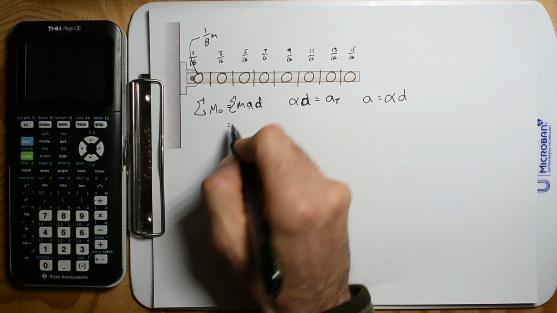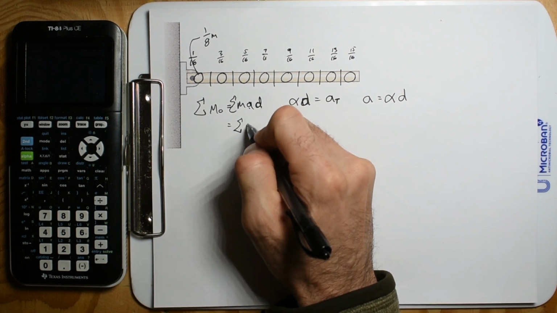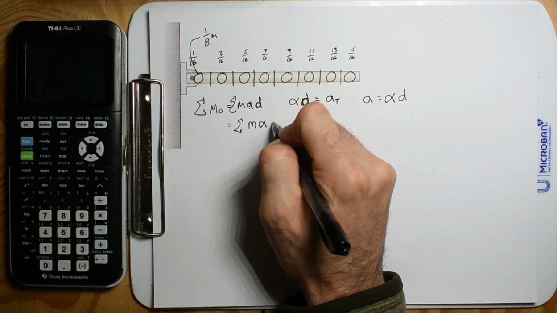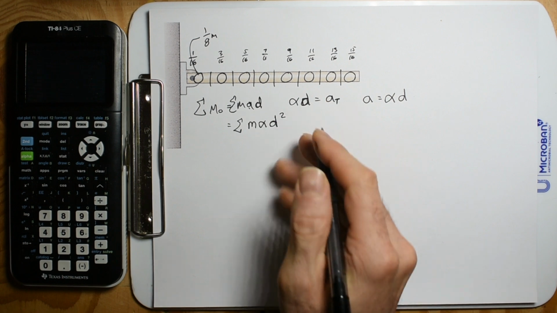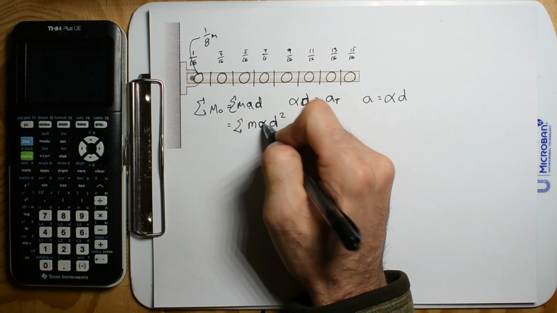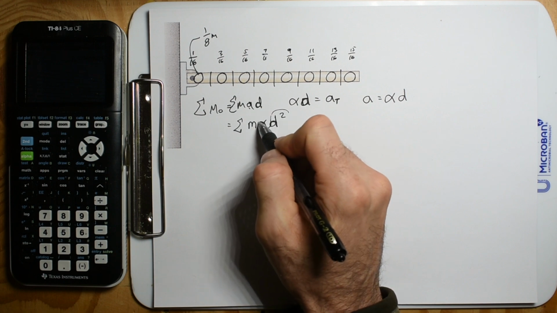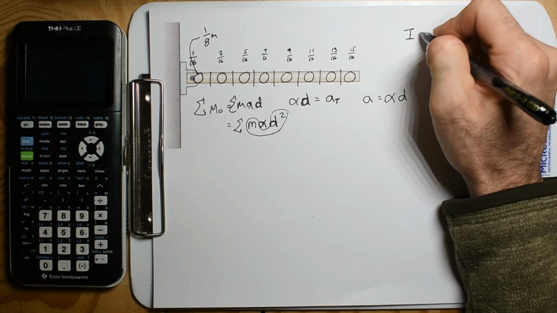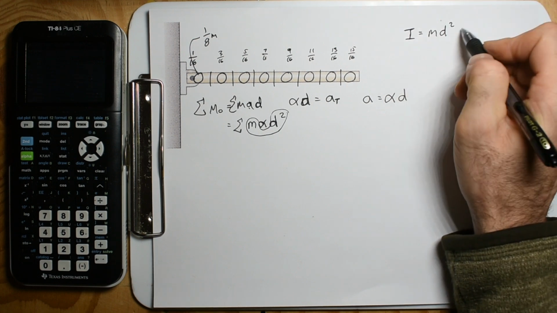So let's just write that in. It's going to be the sum of the mass times angular acceleration times the distance squared. Okay, heck yeah. And now this is good for me because now I'm actually seeing the term. So this term right here is the definition of mass moment of inertia. It's mass times distance squared.